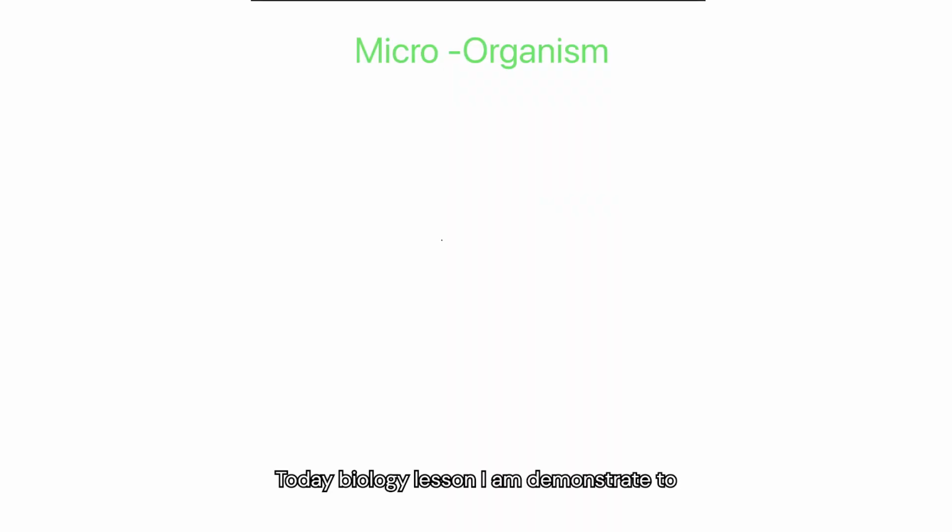In today's biology lesson, I am going to demonstrate the biological ideas related to microorganisms. We can identify three types of microorganism. The first one is bacteria. The second type is fungi.